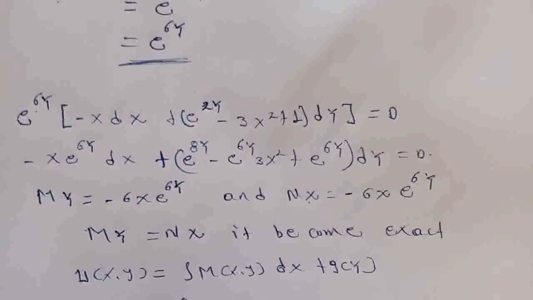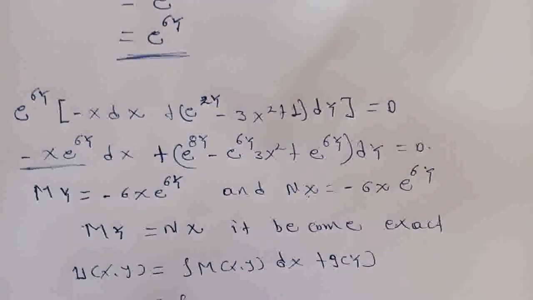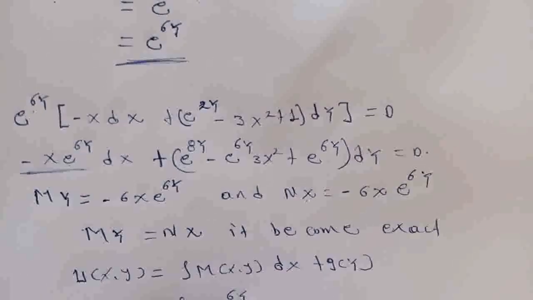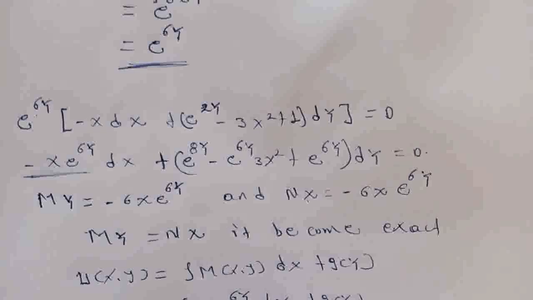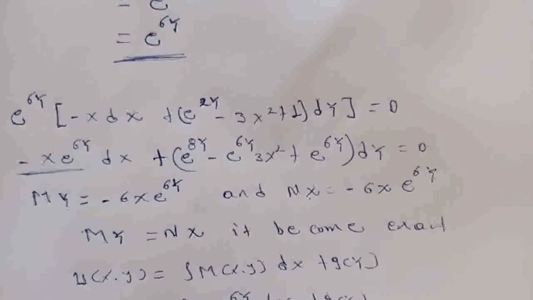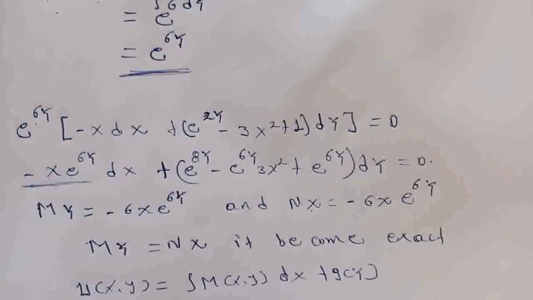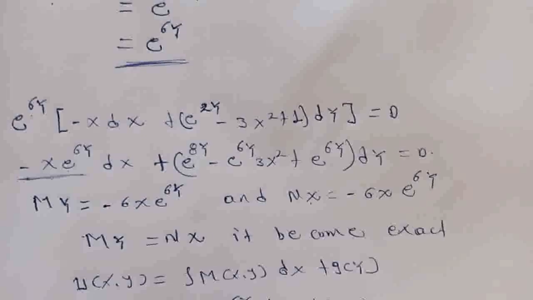Now here we have the integral of M. M is this one, negative x e to the power of 6y dx plus g of y. Let us integrate this one, because we simply take this one as a constant.